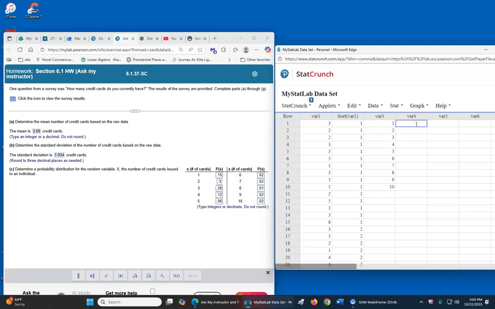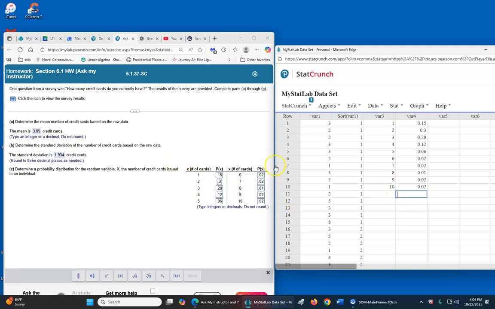And over here I put the probability: 0.15, 0.3, 0.28, 0.12, 0.06, 0.02, 0.02, 0.01, 0.02, and then 0.02.